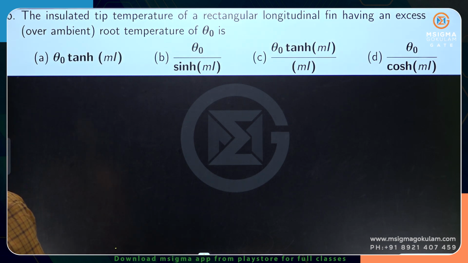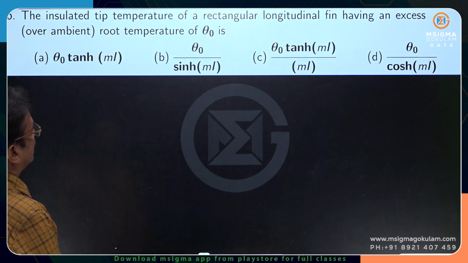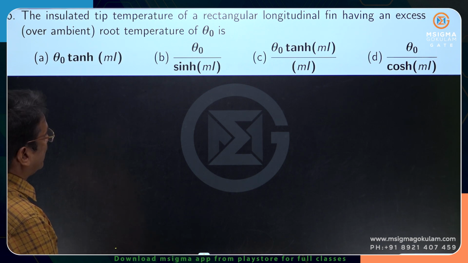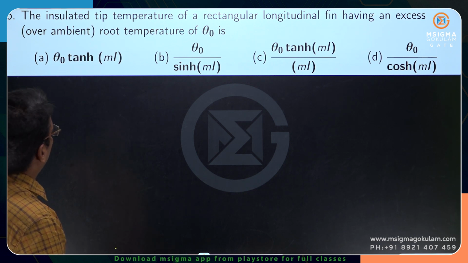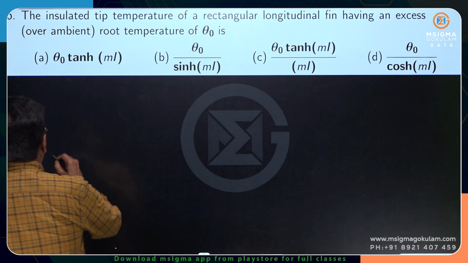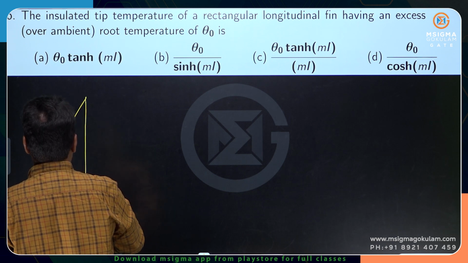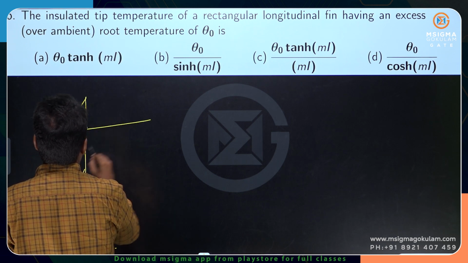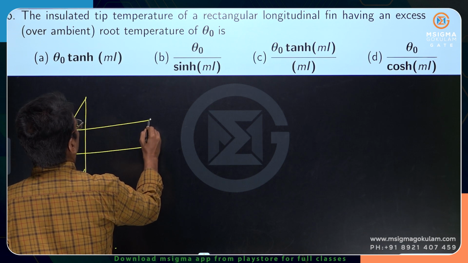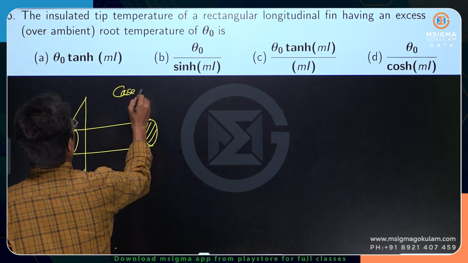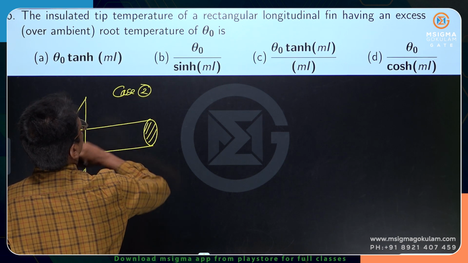Look at this. The insulated tip temperature of a rectangular longitudinal fin having an excess over ambient root temperature theta naught is. That means he is asking about the insulated tip case, case 2.